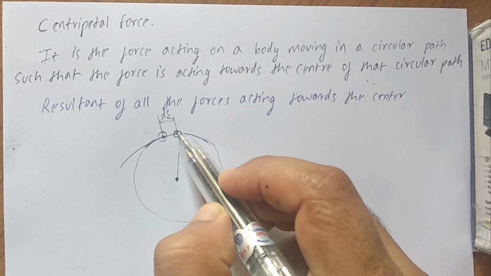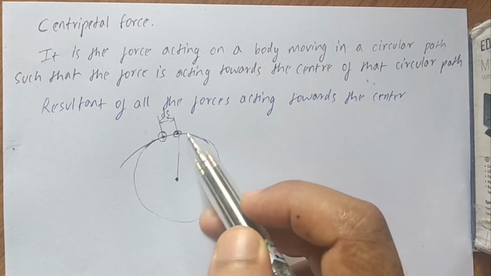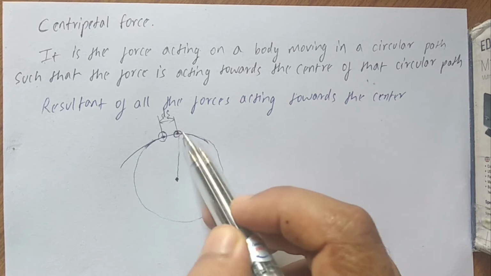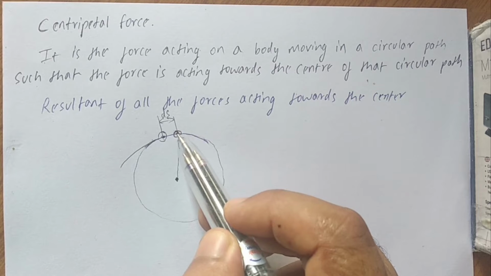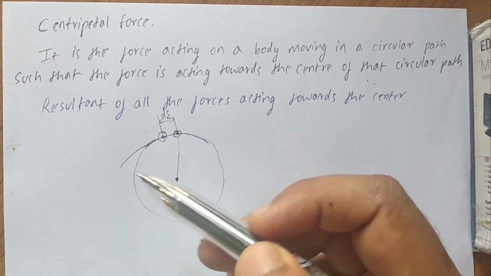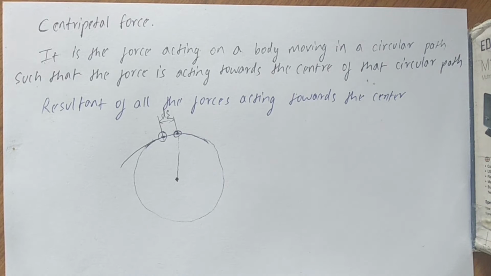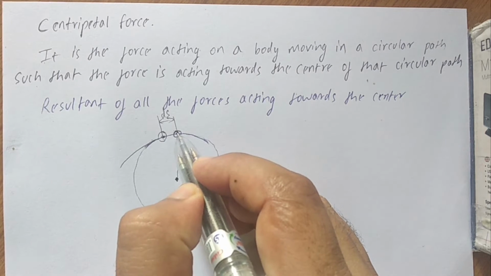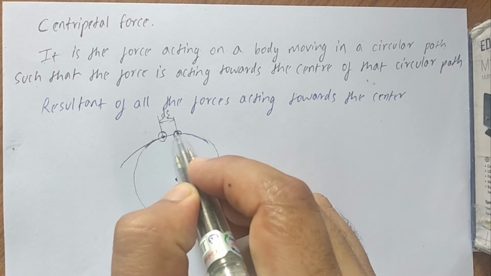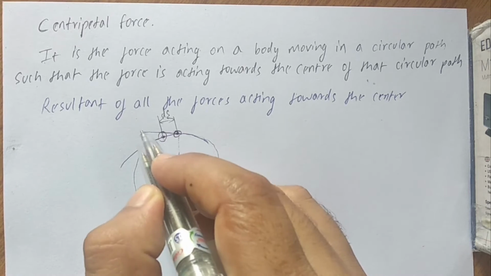Now the centripetal force will be acting on this object, pointing towards this center. Say for example, at this particular point, the velocity of this object is pointing in this direction.